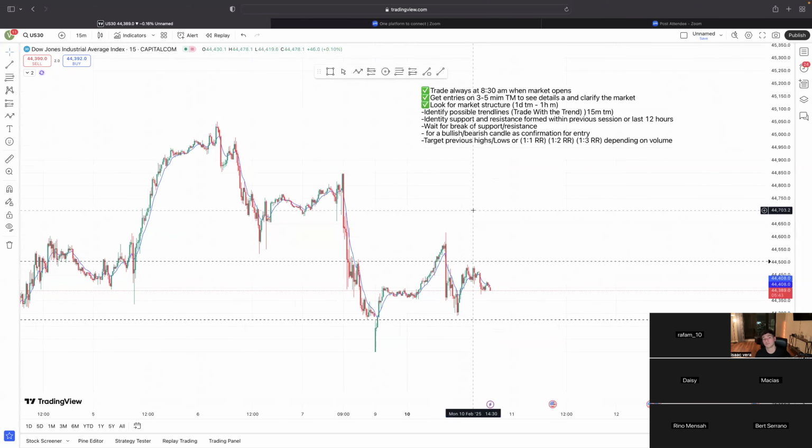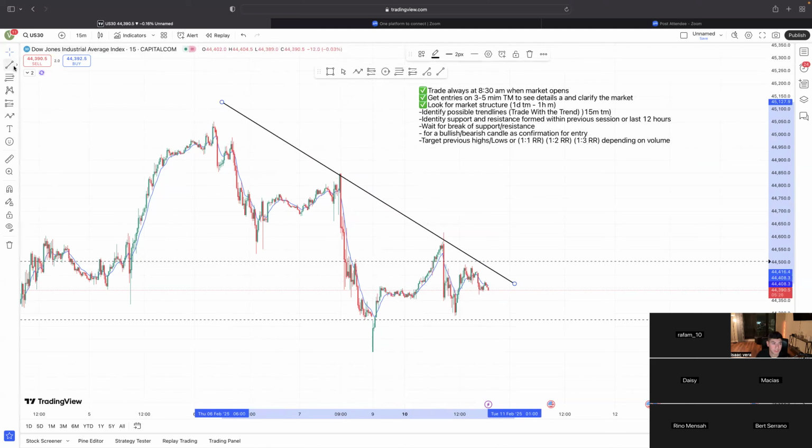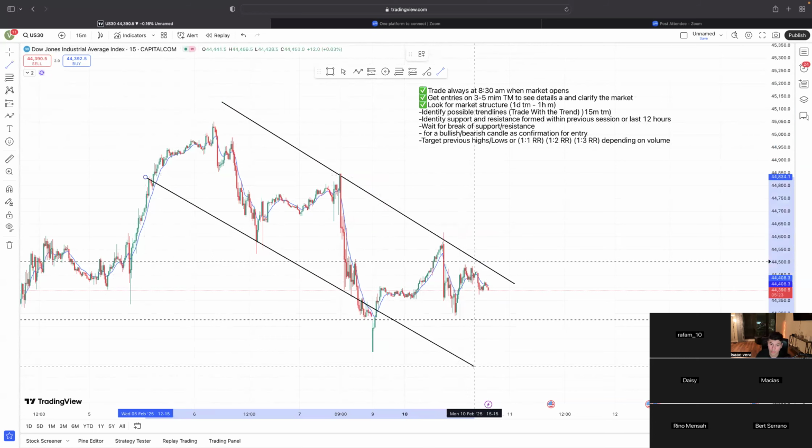So now I'm going to identify a trend line. If you watch the course, you already know what a trend line is. We have bullish and bearish trend lines. In this case, as we saw on the daily time frame, we have been going bearish, and now in the 1 hour time frame as well.